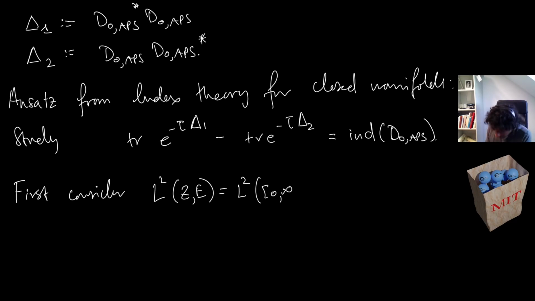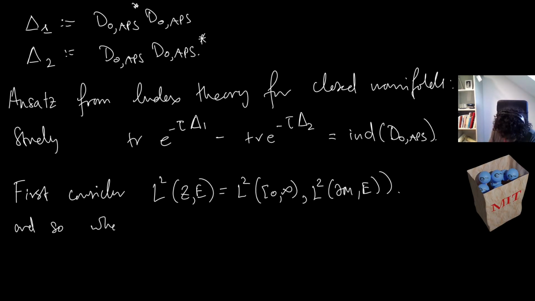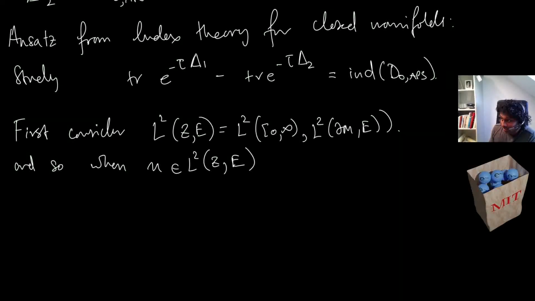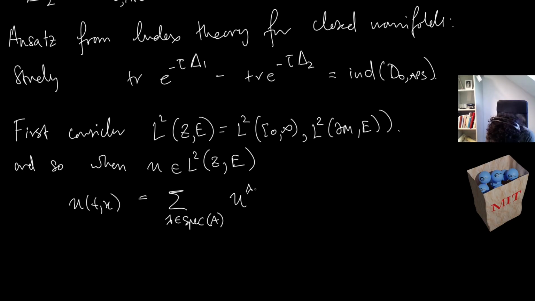We can view this as an L2-valued Banach space. And because of this equality, what we obtain is that, when u is in L2 of Z, E, we have this expansion u(t, x). We can expand this in the cylinder by the spectrum of the operator A in the following way.